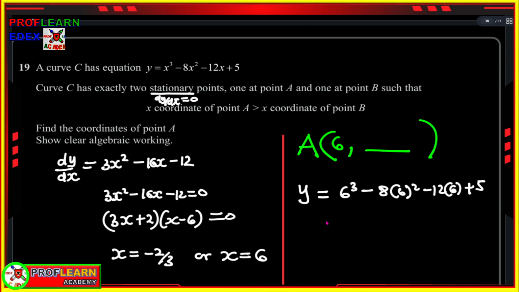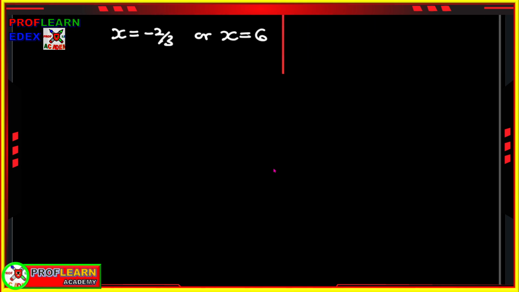If you put that in your calculator, you are going to get the value of y being equal to negative 139. So we can say the coordinate is (6, negative 139).